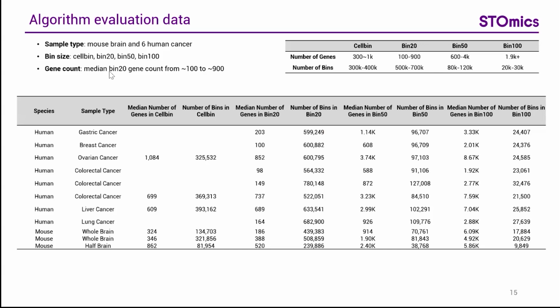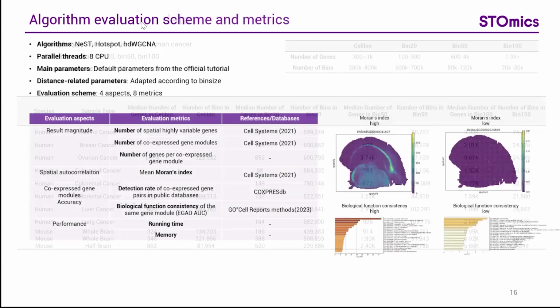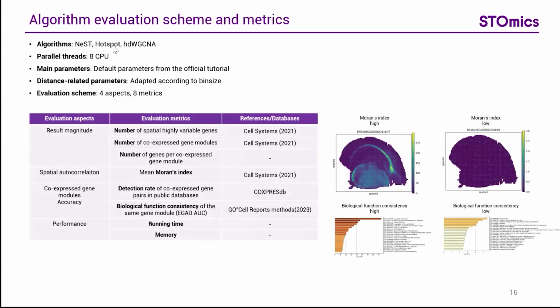The gene count of bin 20 data ranges from approximately 100 to about 900, indicating a wide coverage of data quality. The three algorithms, NEST, Hotspot, and high-dimensional WGCNA, can all handle parallel tasks.